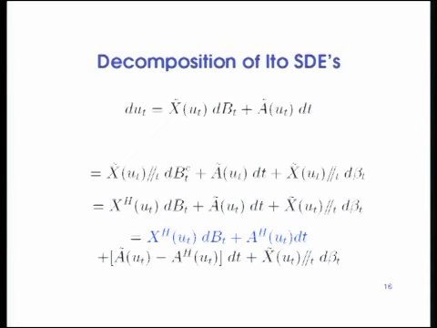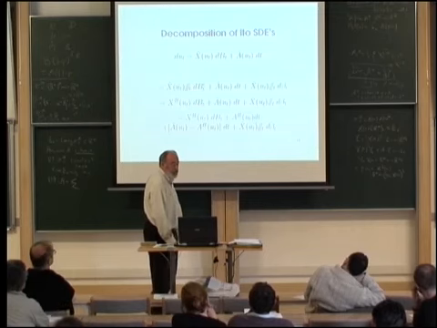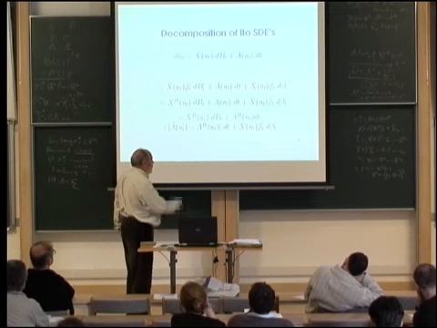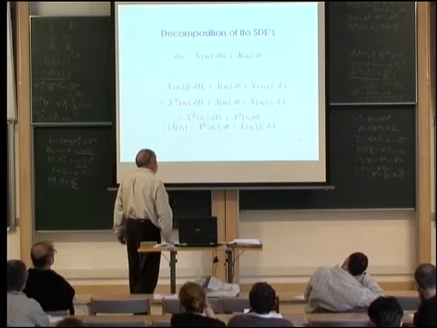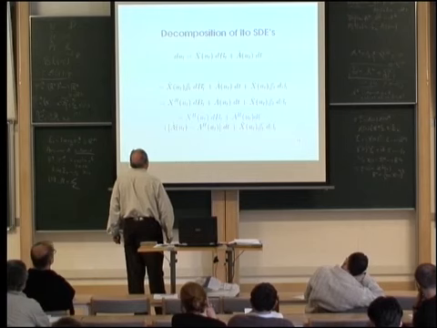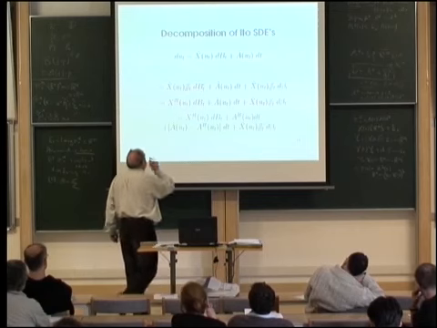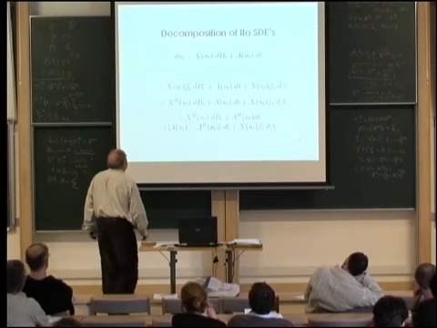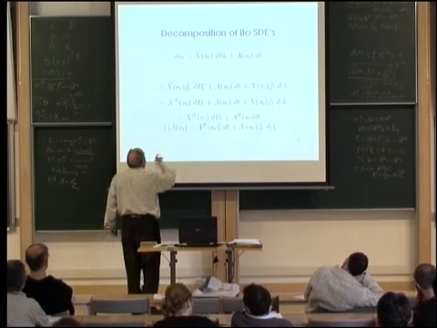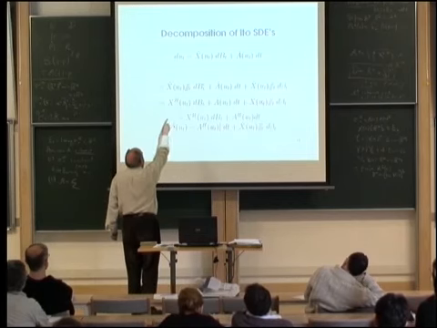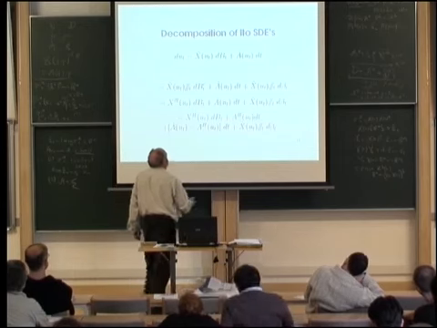So now we can decompose our SDE. I'm assuming we are in the p-related case, so our m's and B tildes are the same as B. So this is the stochastic differential equation upstairs. We can substitute for dBt as the sum of the essential plus the redundant.